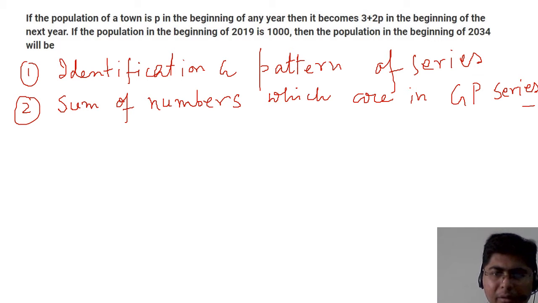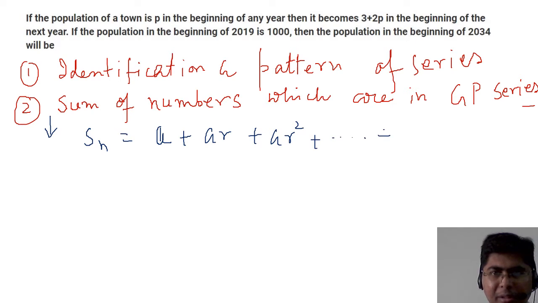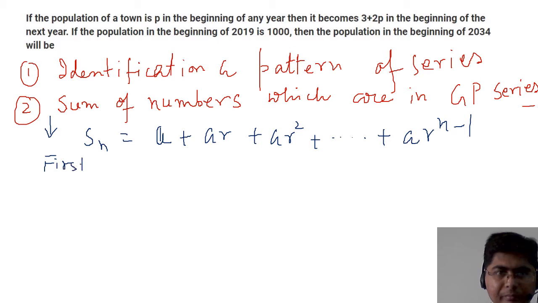Okay. Now let us understand what the formula would be. For example, A plus AR plus AR square plus dot dot dot plus A into R to the power n minus 1. Now what does this series look like? This is the GP series. What is the first term? The first term is A, and what is the common ratio?